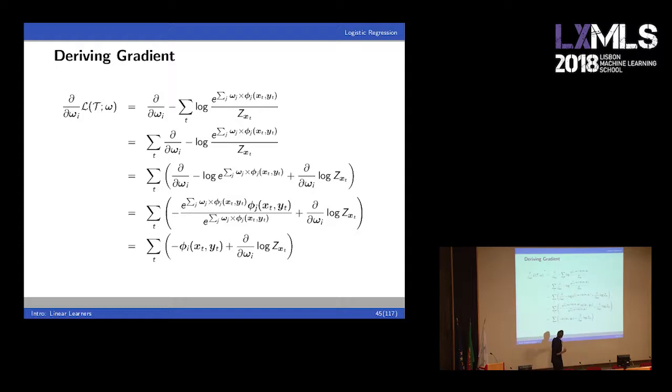Since we have the same term in the numerator and denominator, we end up with minus phi i of xt, yt as the derivative of the numerator.